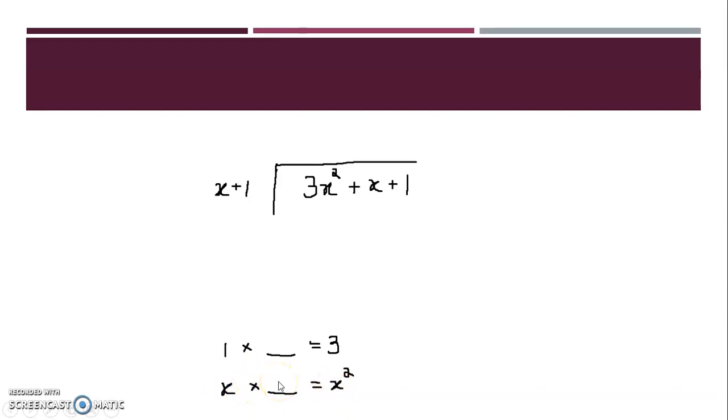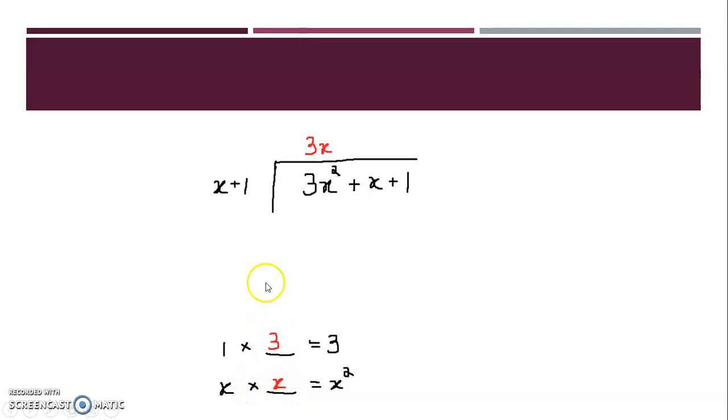X. So if we multiply 3x into x plus 1, we'll have a 3x square term in the dividend. Okay, so 3x into x will give us 3x square, plus 3x into 1 will be 3x.